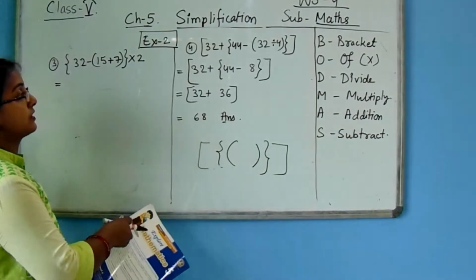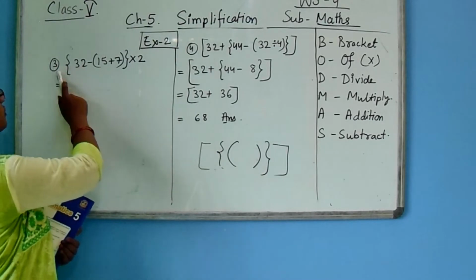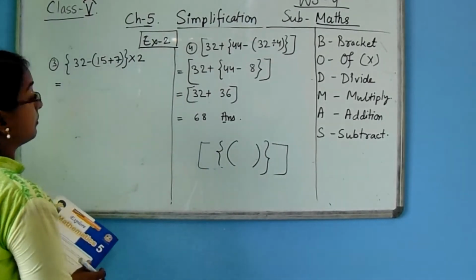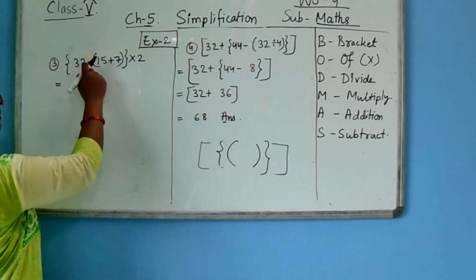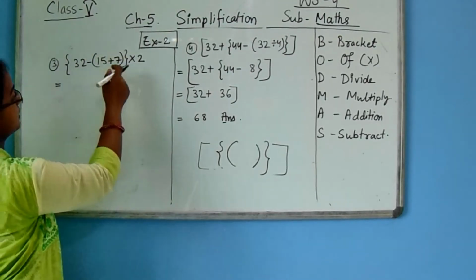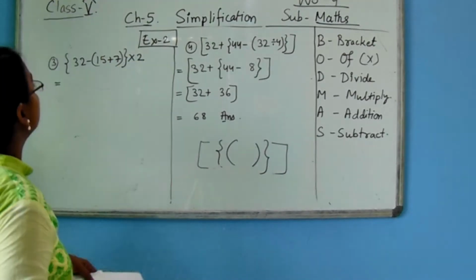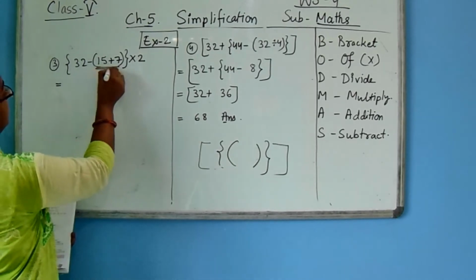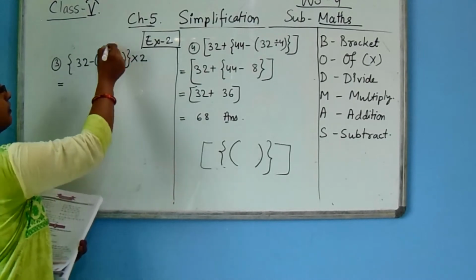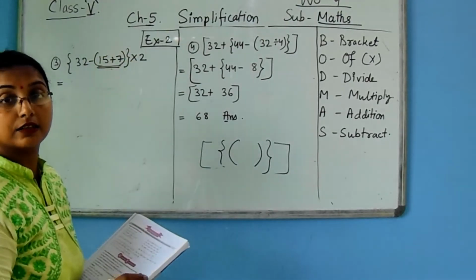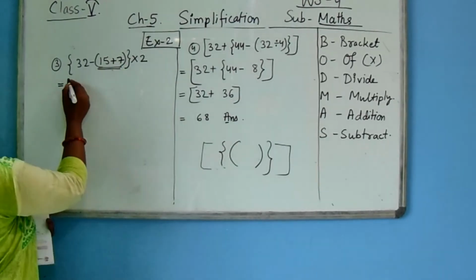In exercise 2, I have written question number 3 from your book: 32 minus, in the middle bracket, 32 minus small bracket 15 plus 7 closed, then the middle bracket multiplied by 2. Since the small bracket is present, I will first solve the process in the small bracket.